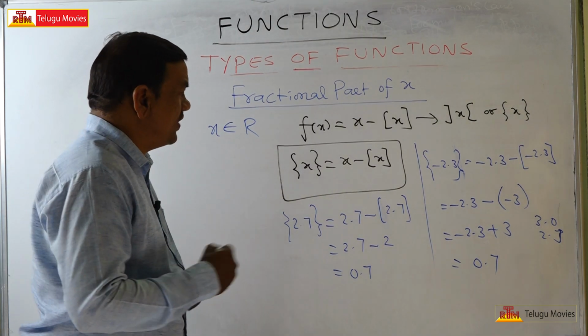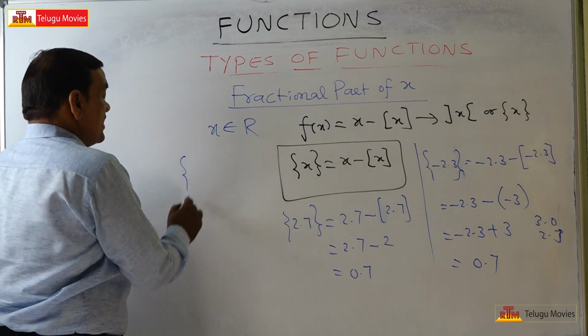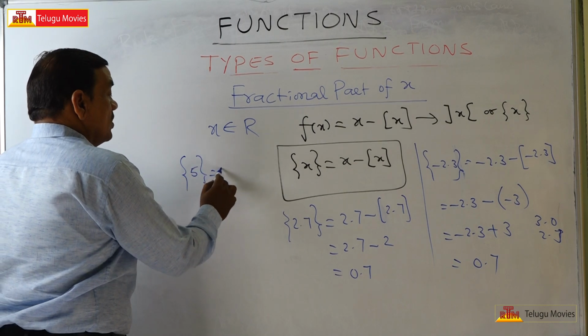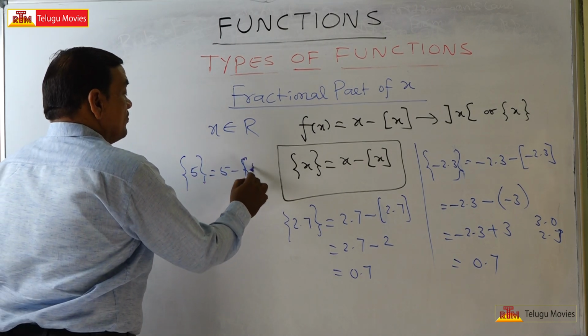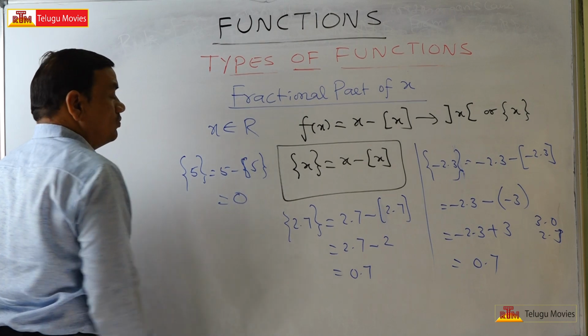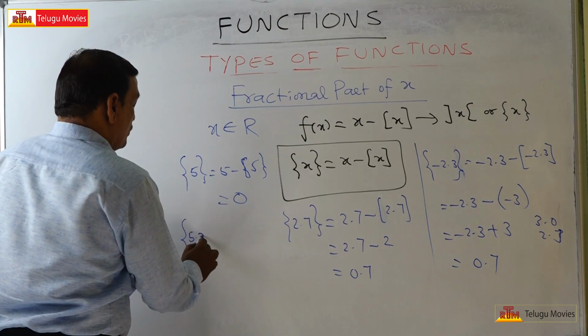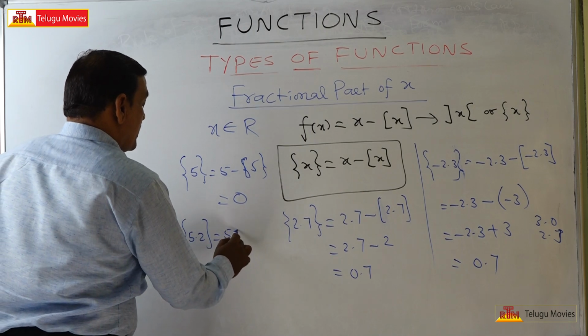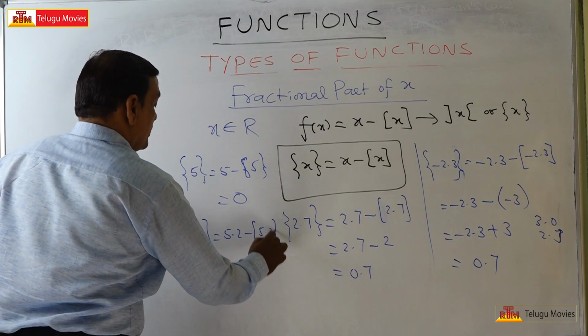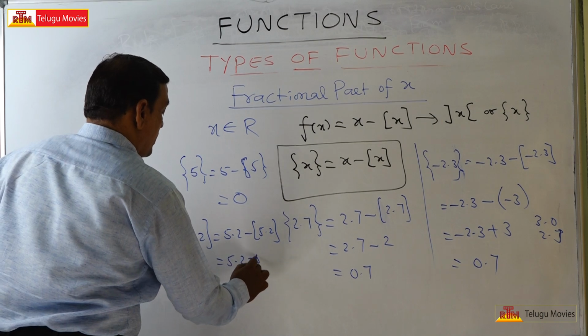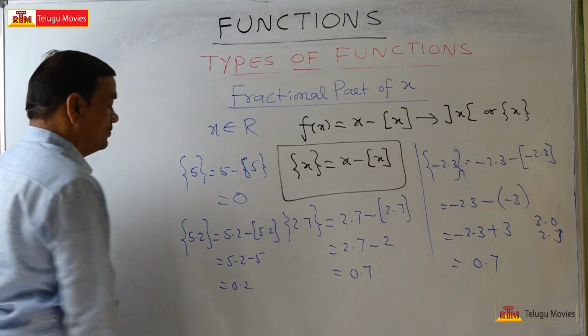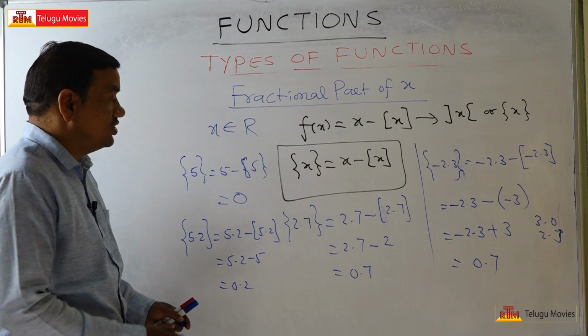Understand this? For example, the fractional part of 5 is 5 minus step of 5, that is equal to 0. Understand? The fractional part of 5.2 is 5.2 minus step of 5.2, that is 5.2 minus 5, this is 0.2. So this is the definition.